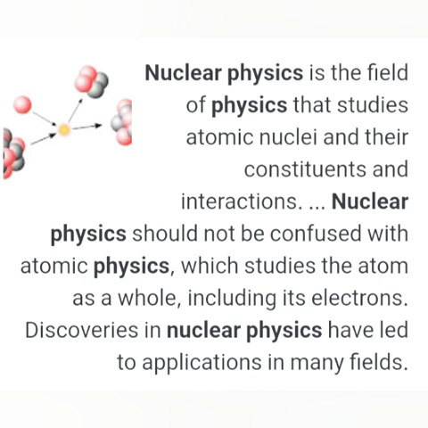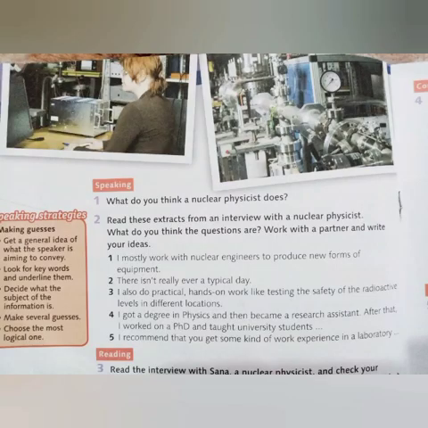Okay, now look at the two pictures at the top of page 46 in your student book. What do you think these pictures may represent? The first picture may represent someone who works in a factory, in a field.